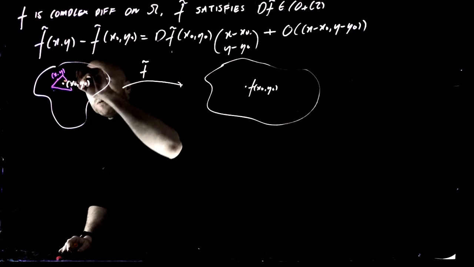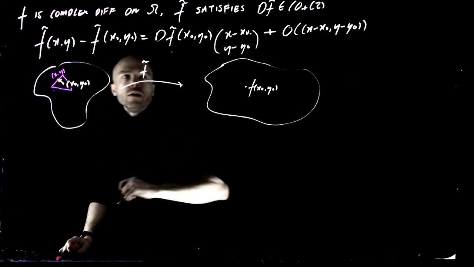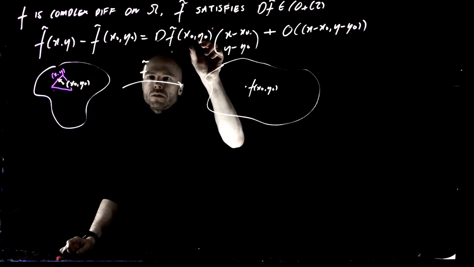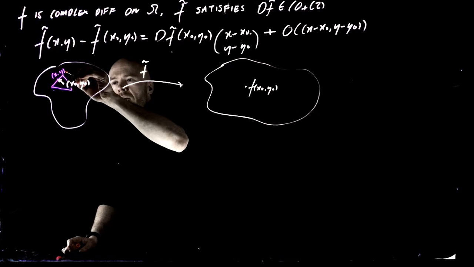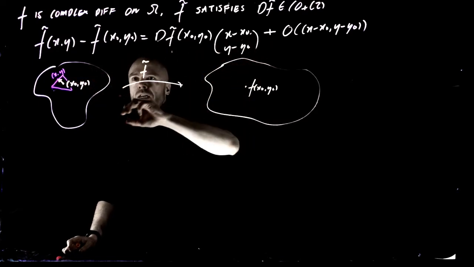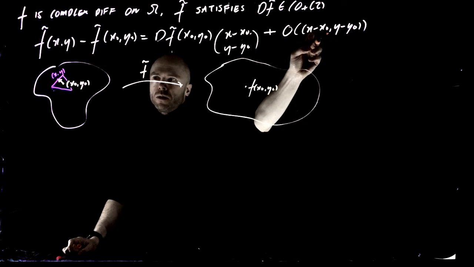As we take our little vector from here to here, it's being acted on by this thing. And if you think about what that means, as we move along this line, the image of it, at least from this part, will be a line, and there'll be some tiny error given by this.